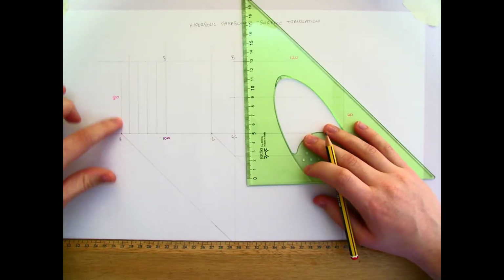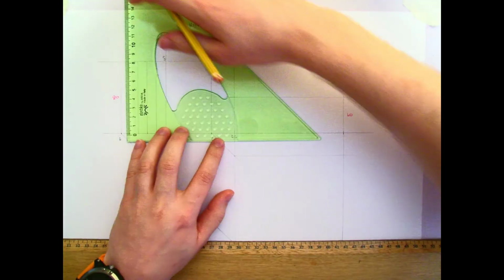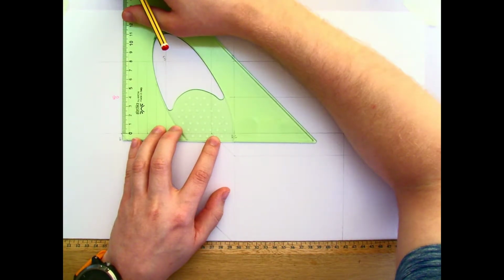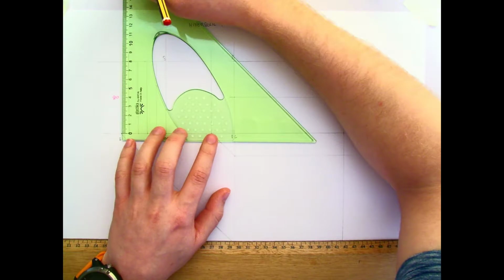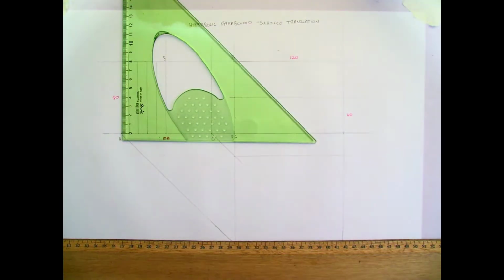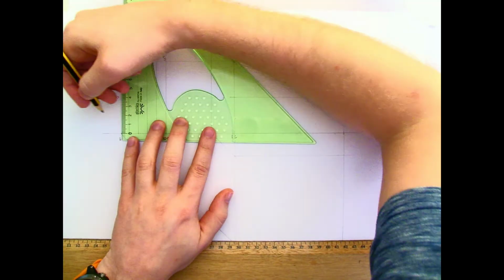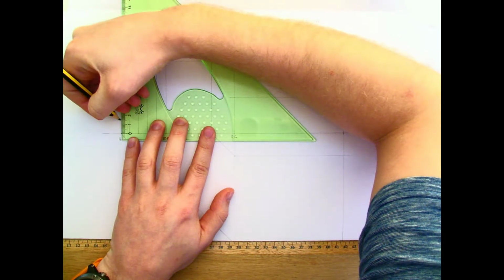And the ones on this side here, which are starting off parallel to the axis, end up joining to the vertex. So that's 80, giving me 16 millimeters up on each of these.